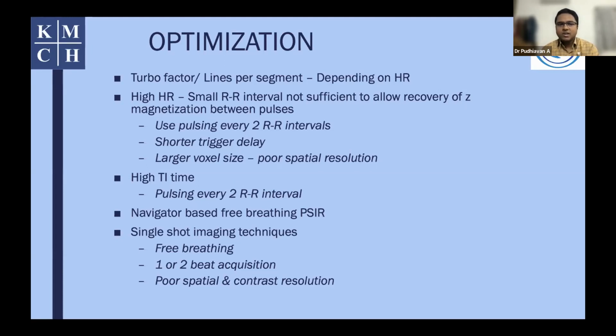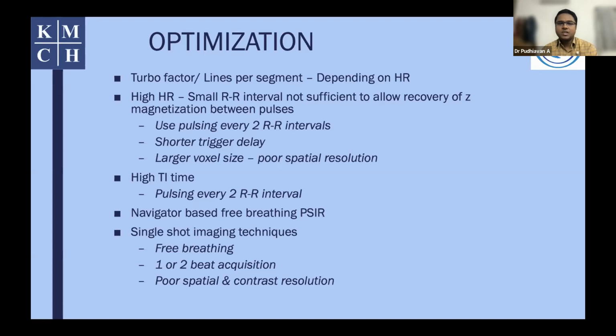Second, we can use a shorter trigger delay. Trigger delay is the time between the inversion pulse and the start of the RF pulse for signal acquisition. But the problem with shortening the trigger delay is that it cannot be shortened to less than the inversion time. So suppose the inversion time for nulling myocardium is 400 milliseconds, your trigger delay cannot go less than 400 milliseconds.